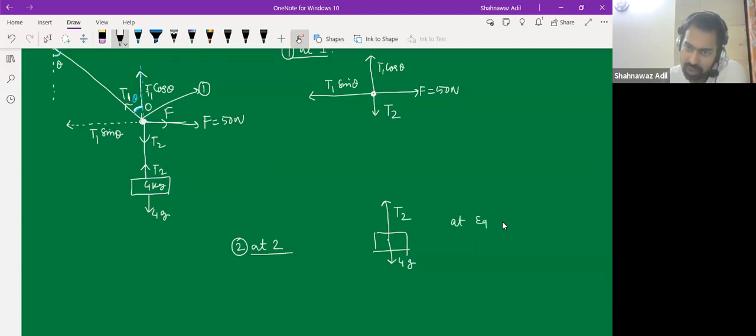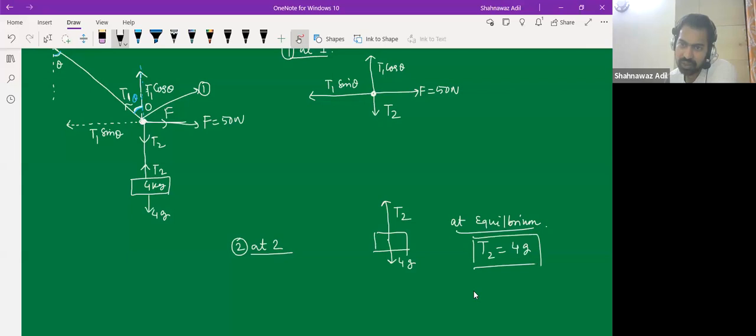Both of them will be equal. So T2 is equal to 4G, correct? Yes, sir. T2 is equal to 4 into G, let's say G is 10, so 40 newtons.